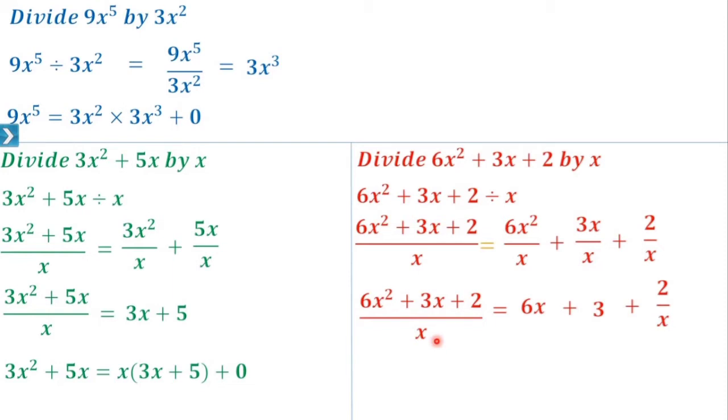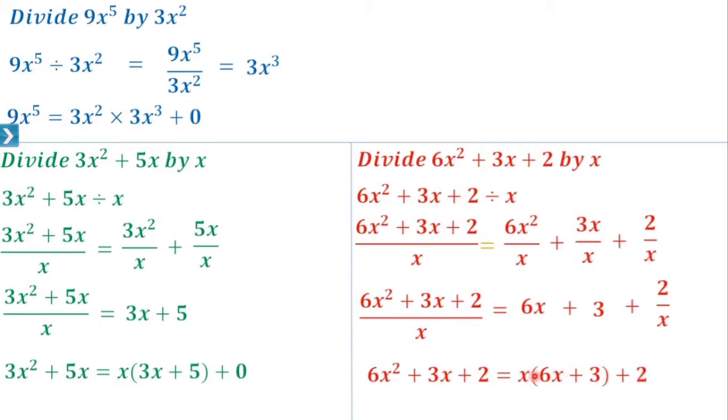So 6x square plus 3x plus 2 can be written as x into 6x plus 3, plus, we cannot divide 2 by x to get a polynomial, so write plus 2 as the remainder.